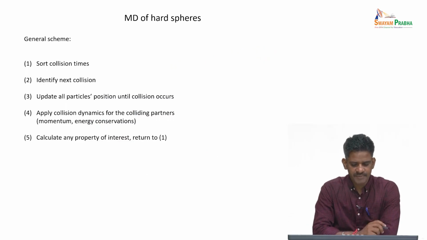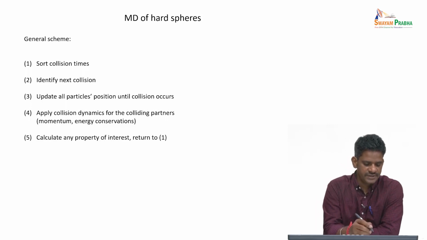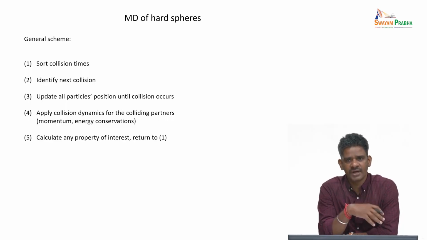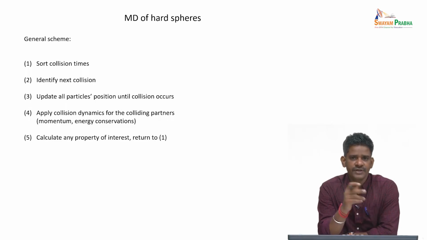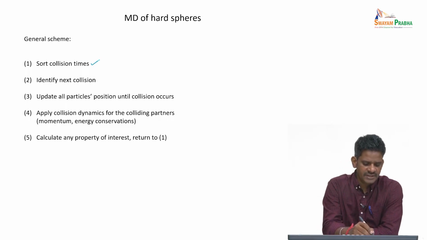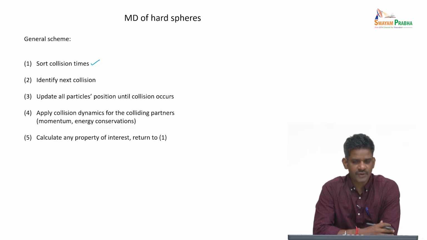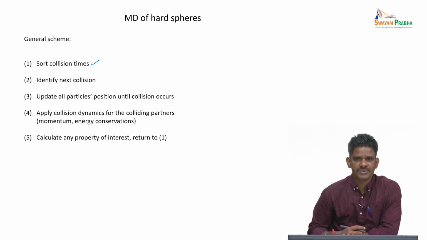So, this is a general scheme when we try to think about doing hard sphere MD simulations. First, we have to go through all the pairs in the system. When you have n number of particles, then basically you have order of n square number of pairs, and for each of those pairs we can find the time at which these particles will collide, and then you can sort out collision times for each of these pairs.